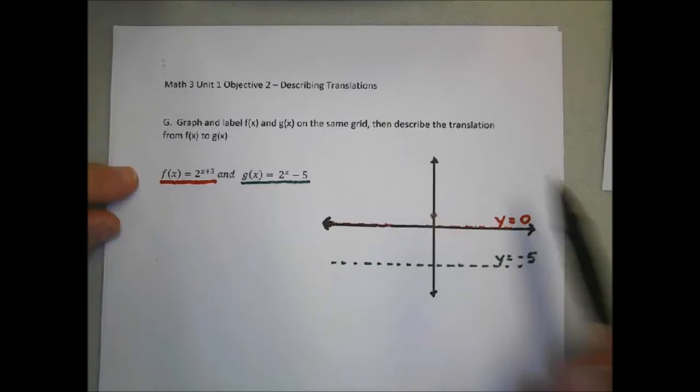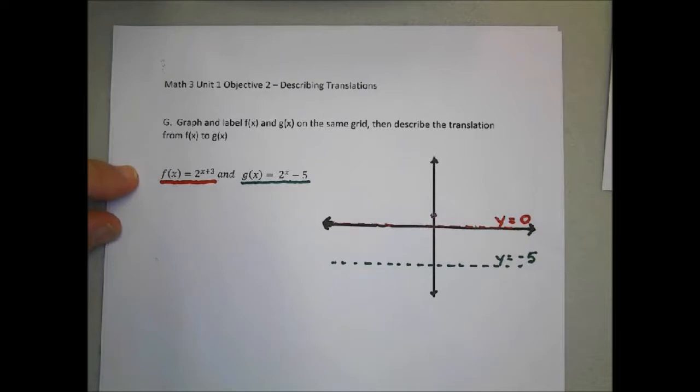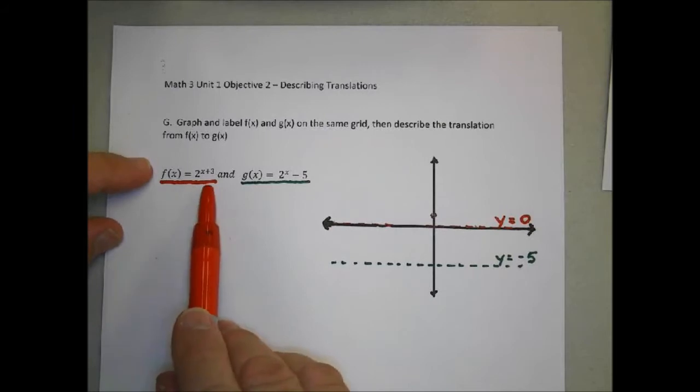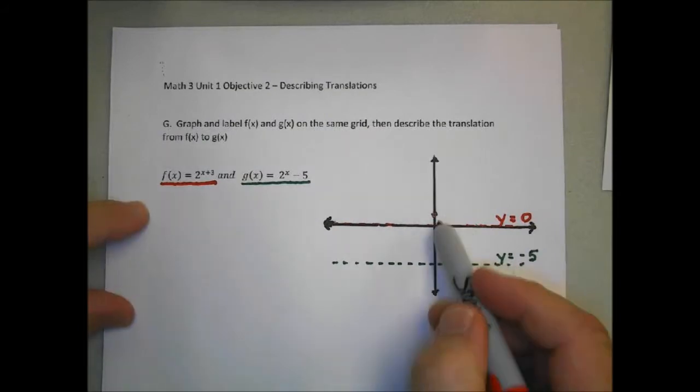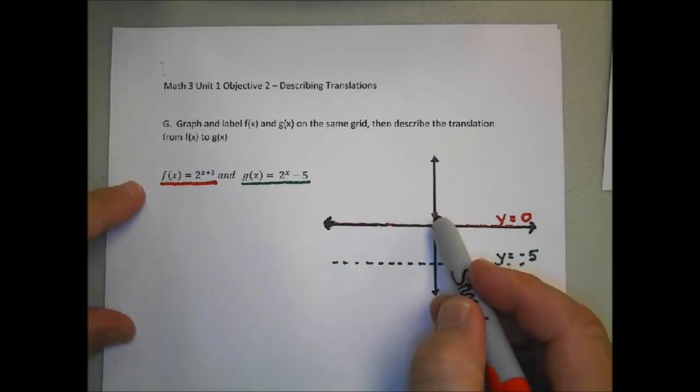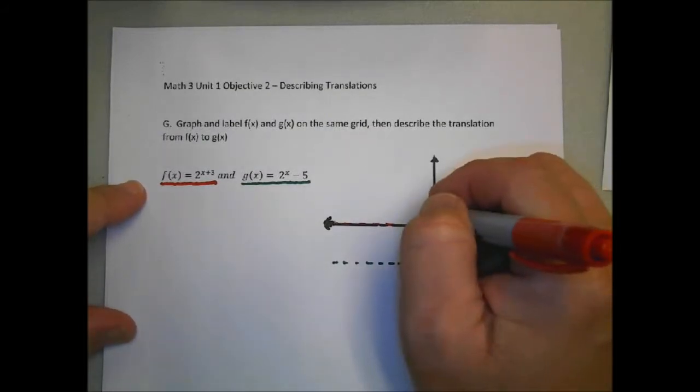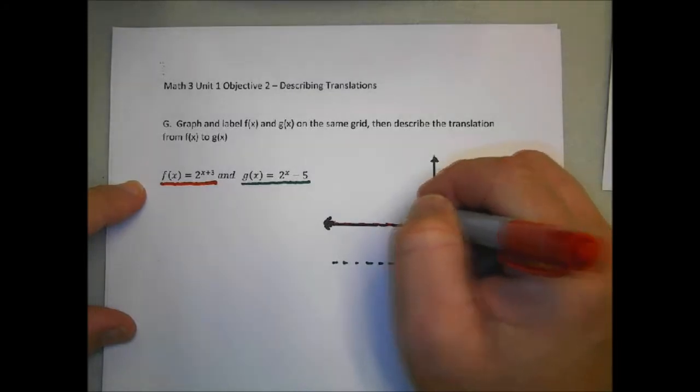Let's look at the f of x function first. You can tell by looking at the equation that the shift is 3 units to the left because of this x plus 3 right here. So we're going to take where the key point normally is at 0, 1, and we're going to shift it 3 units to the left.